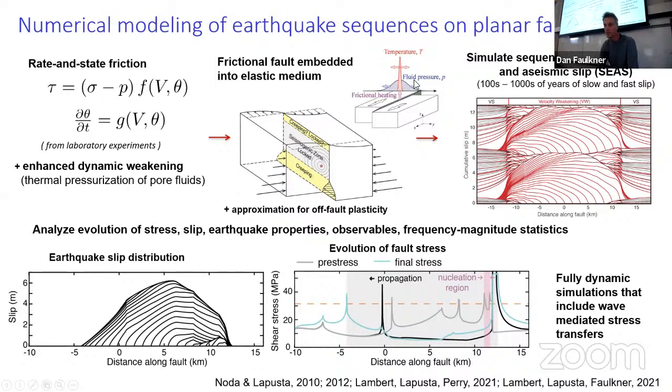We have something called thermal pressurization, which I'll talk about in the next slide. And then from this, as we load this numerical fault now, we produce sequences of earthquakes. And because it produces sequences of earthquakes over sometimes many hundreds of years, that gives us an opportunity to study the number of small events and the number of big events, which gives us p-value statistics to be able to compare with what we see in nature.